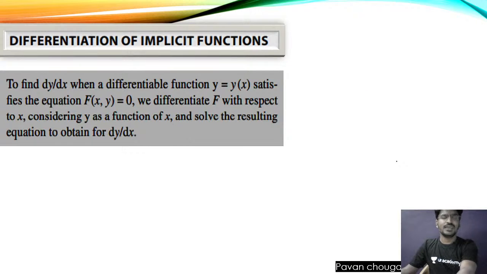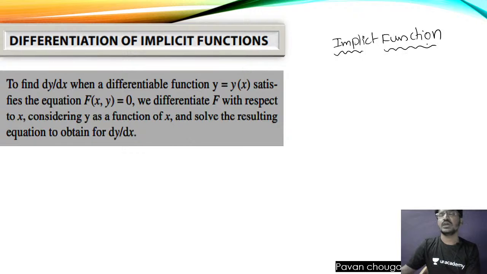Differentiation of implicit functions. In this class I have 5 minutes remaining, so in these 5 minutes I will explain what an implicit function is, so that in the next class we can see how to differentiate these particular functions. Clear?